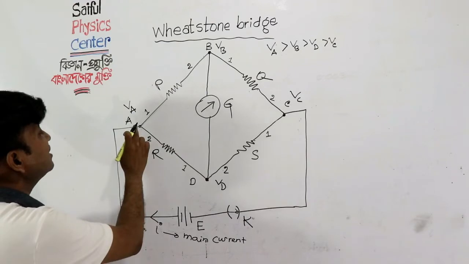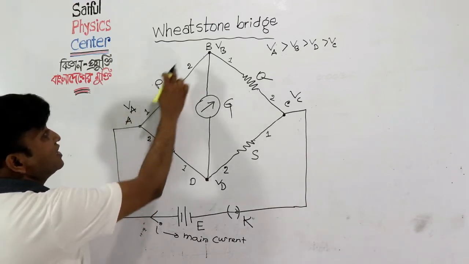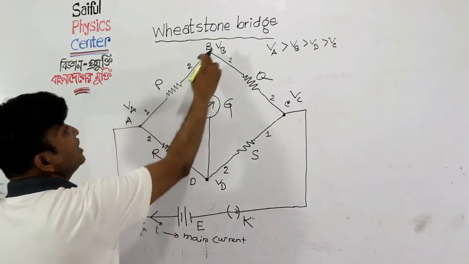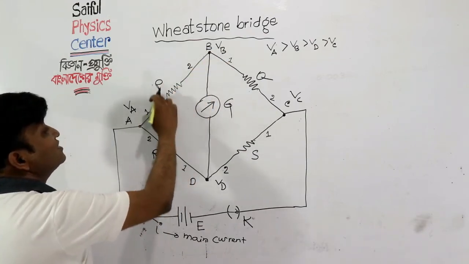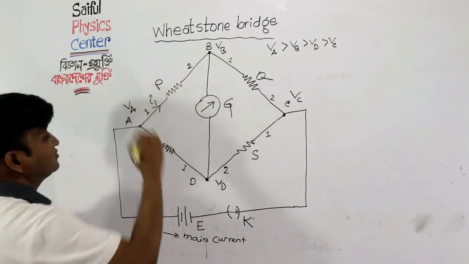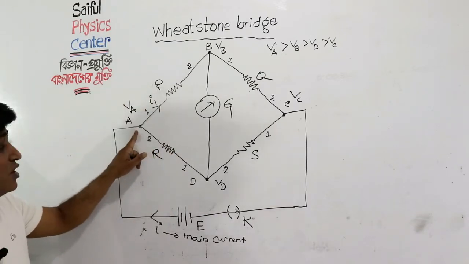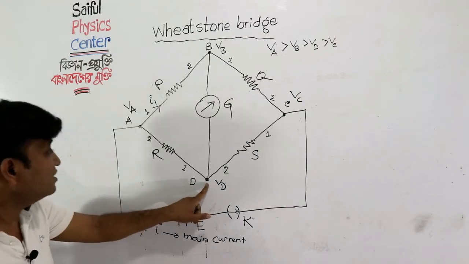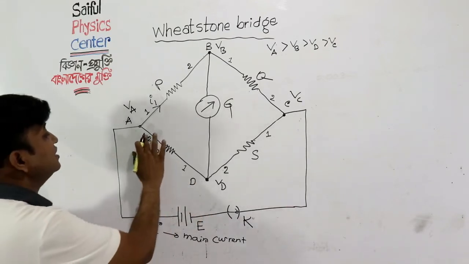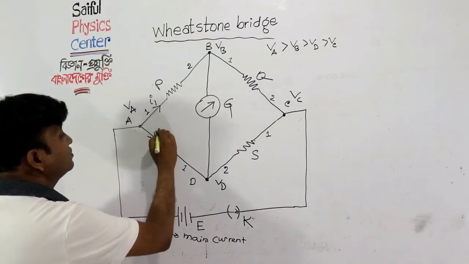As the potential VA is greater than VB, current will flow from A to B through the resistance P. Suppose this current is I1. Another current will flow from A to D through the resistance R. Suppose this current is I2.